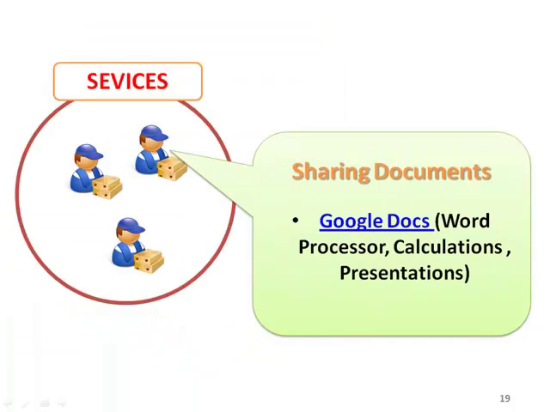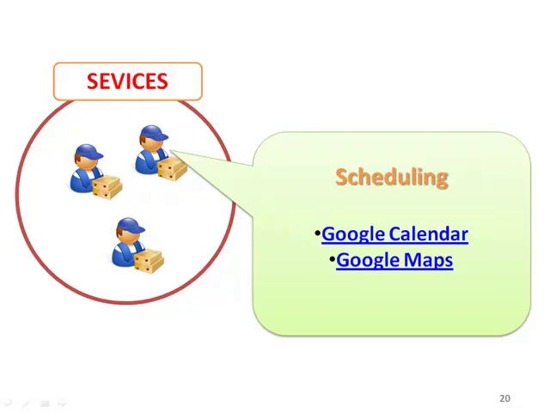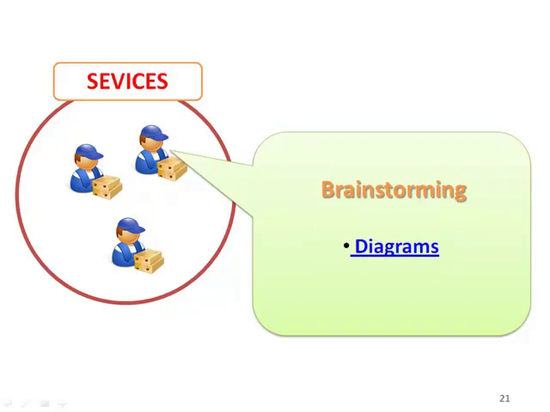There are some services you can use in your web class. For example, you can share documents. We will use Google Docs for this example. The other services we will use is for scheduling. We are going to use Google Calendar and Google Maps. Also, we will use some brainstorming services.